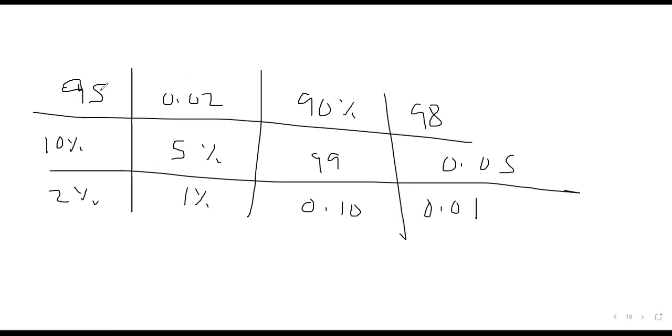So let's go to this now. What is the Z for 95%? Come again, what's the Z for 95%? 1.96, correct. 0.02 for this one: 2.33, correct, it's the second one.